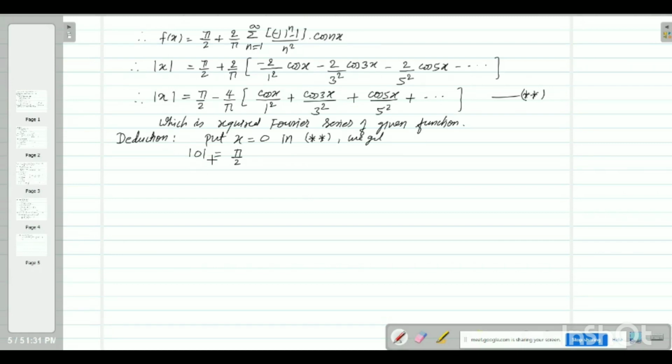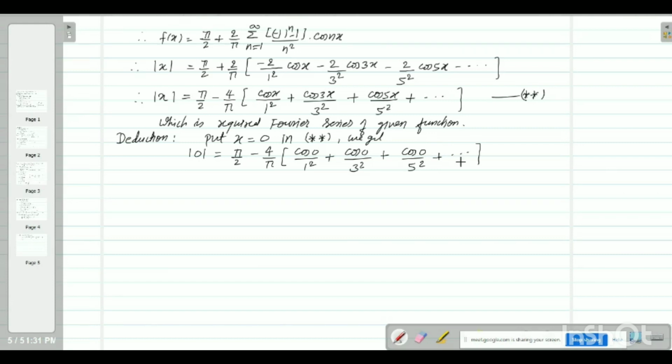So this is mod of 0 equal to pi by 2 minus 4 by pi into cos 0 by 1 square plus cos 0 by 3 square and plus cos 0 by 5 square and plus so on.